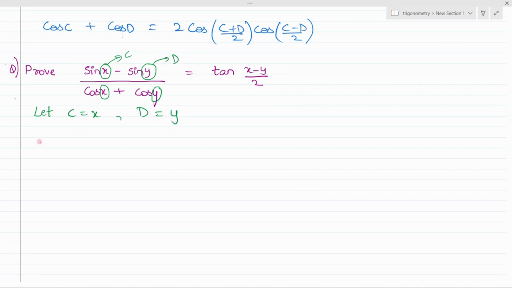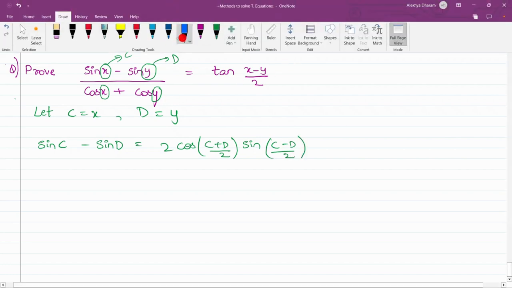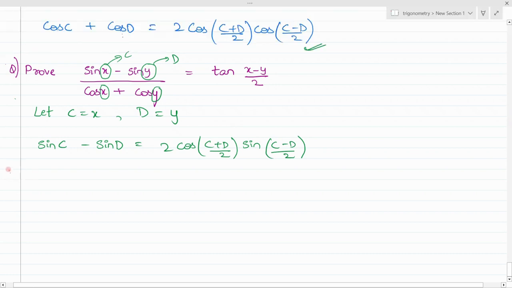In the numerator we need to use the formula of sin C minus sin D, which is nothing but 2 cos (C plus D)/2 into sin (C minus D)/2. And in the denominator, you need to use this formula. So just substitute all the values. From LHS, we can write it as, in the numerator, use this formula. So 2 cos, C is nothing but x and D is nothing but y.